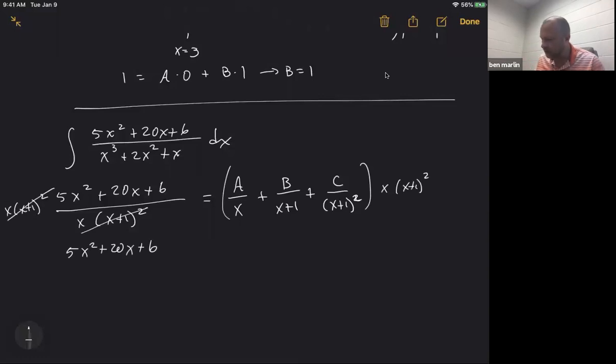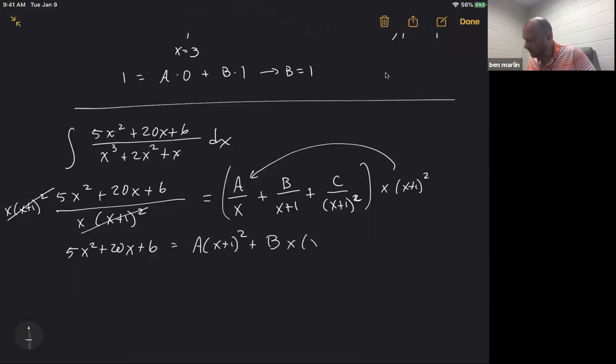Then here on the right-hand side, you multiply it through this piece, and the x would cancel, and you'd have a times x plus 1 squared plus b times the x would not cancel, but one of the x plus 1s would, and then plus c times x.